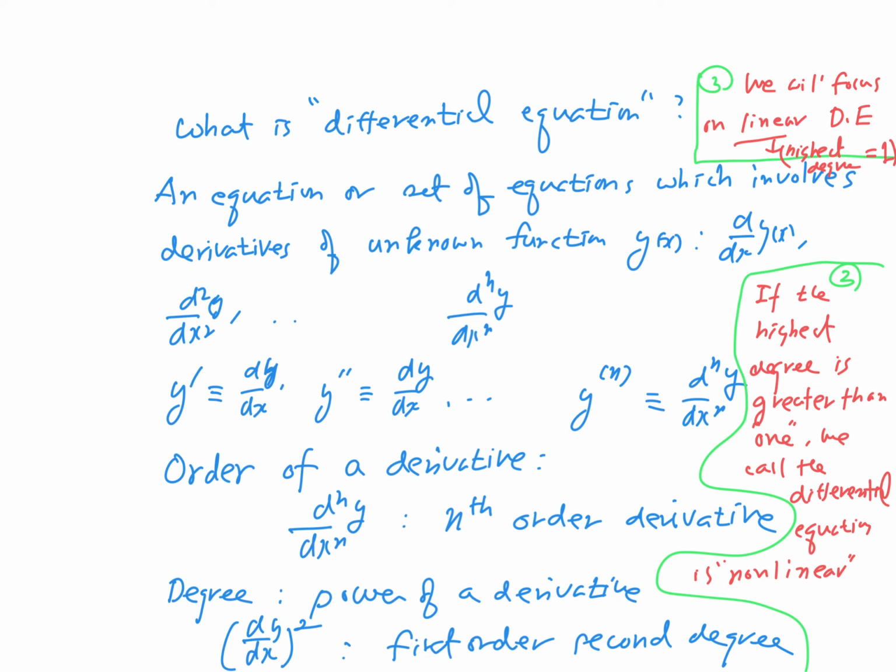And DE is an acronym for differential equation. An acronym is a shortened word, 약자.